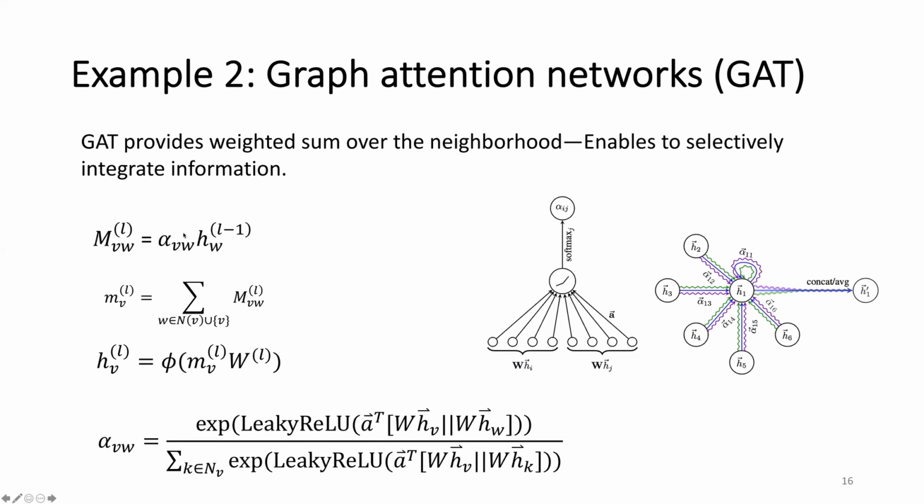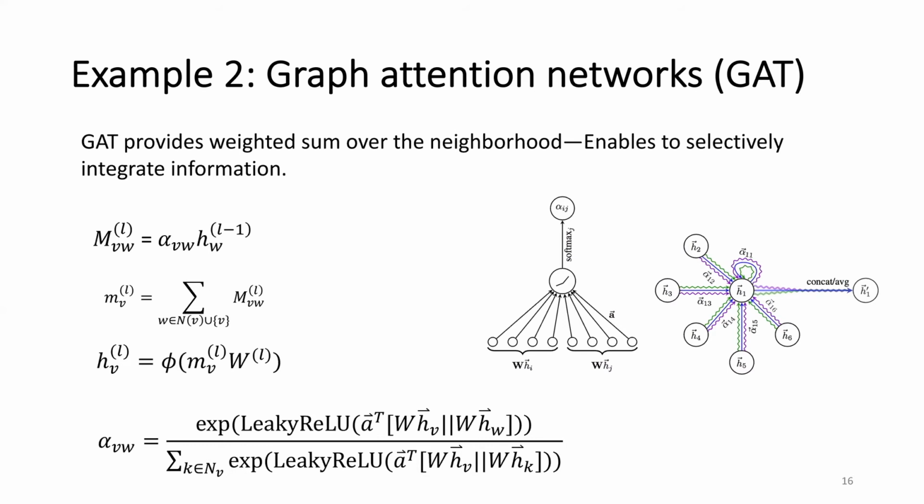Now, instead of dividing by the degree, I have some attention weight. Then I take those messages and aggregate them, and I pass that aggregated message multiplied by a weight matrix through a nonlinear activation function, right?